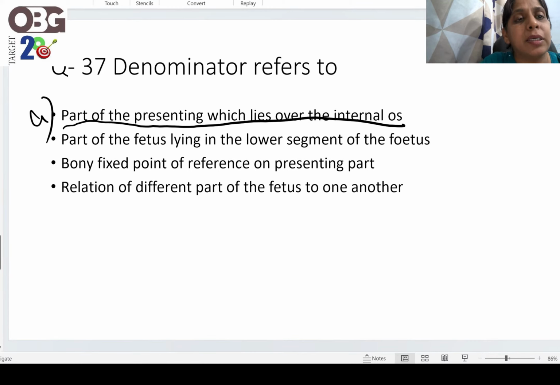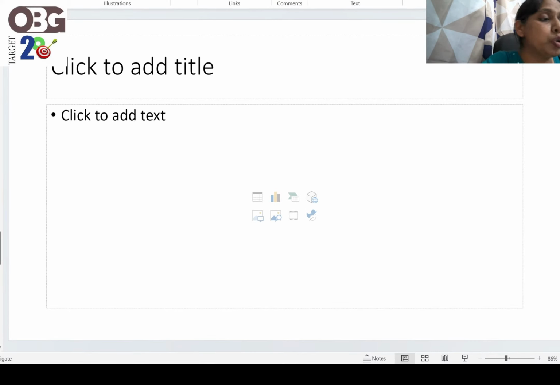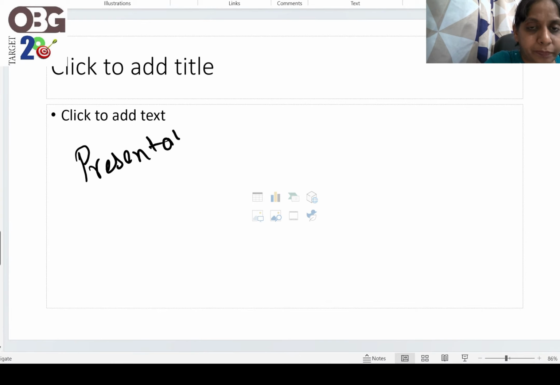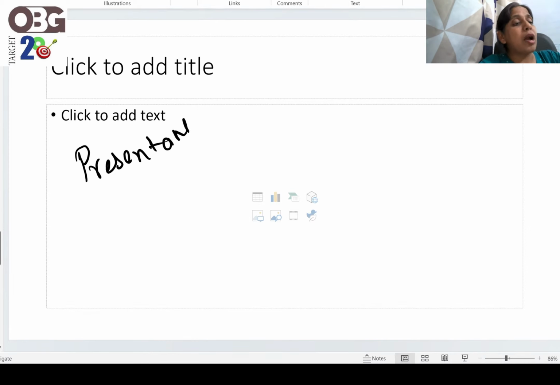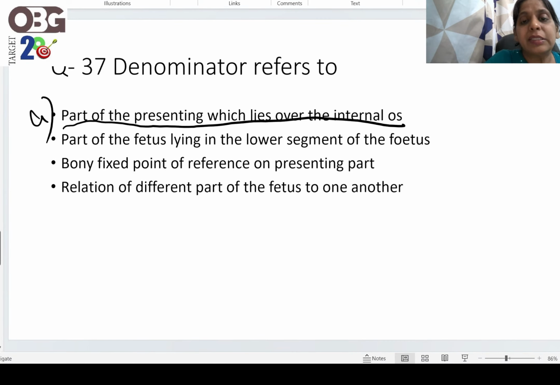There are some terms, you should know the exact definition because questions are asked a lot of times on definition. What is presentation? Presentation क्या होता है? Presentation means fetus का कौन सा part यूट्रस के लोअर सेगमेंट में है, ठीक है?